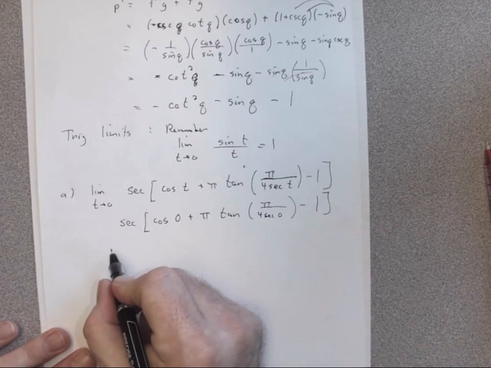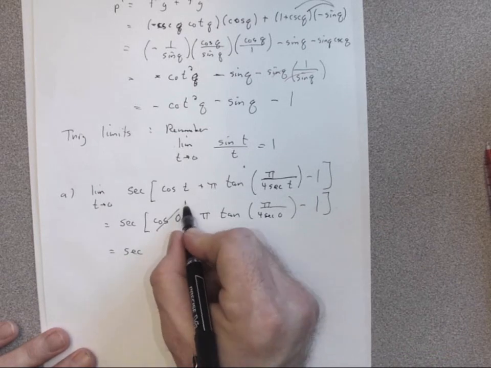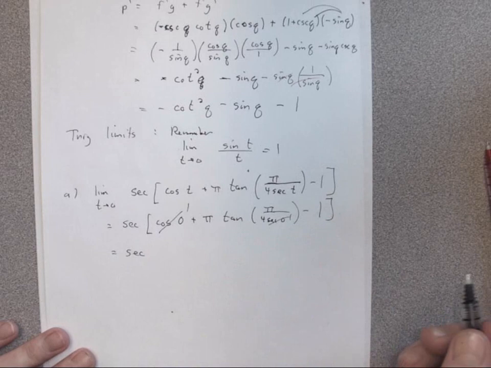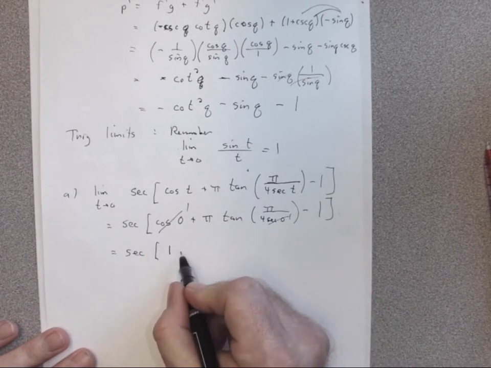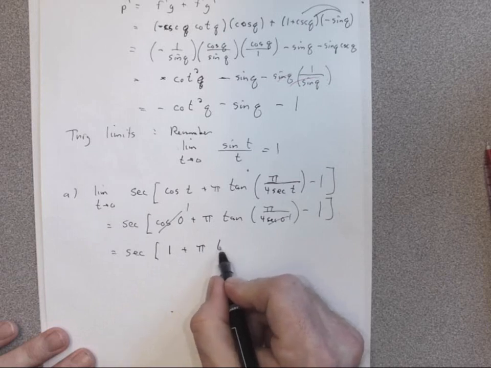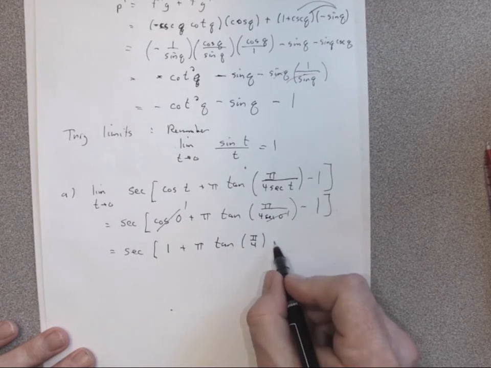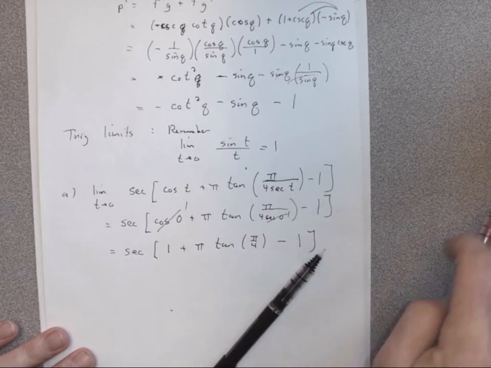So when we're done here, this is going to be equal to the secant of, well, the cosine of 0, that's just 1. Secant of 0 is 1 over 1, which is still 1. So this is going to be 1 plus pi times the tangent, well, that'll simplify to pi over 4, minus 1.